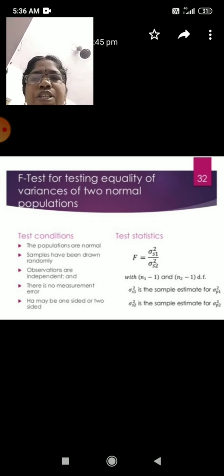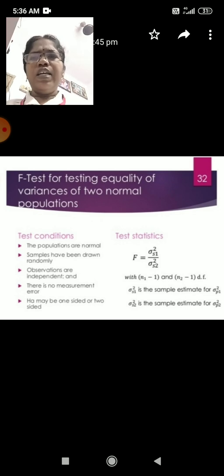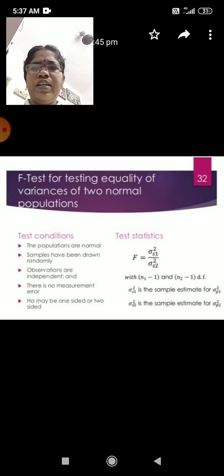Here the test conditions are: the populations are normal, samples have been drawn randomly, observations are independent, and there is no measurement error. The test may be one-sided or two-sided.